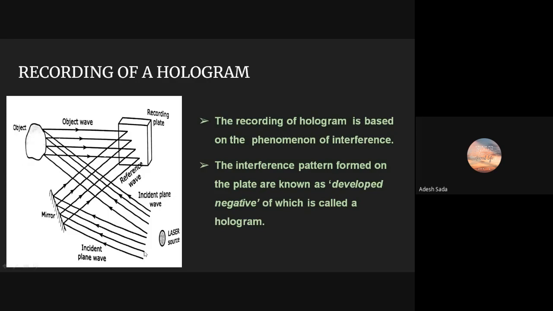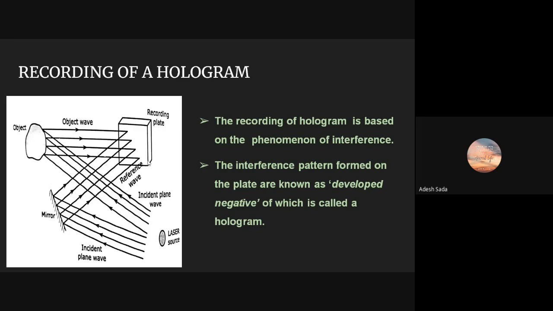The other part of the laser is allowed to fall upon the plane mirror. Since this plate is exposed simultaneously to the object wave and the reference wave, what we observe here is a complicated pattern, which is also known as an interference pattern, a developed negative, and a hologram.